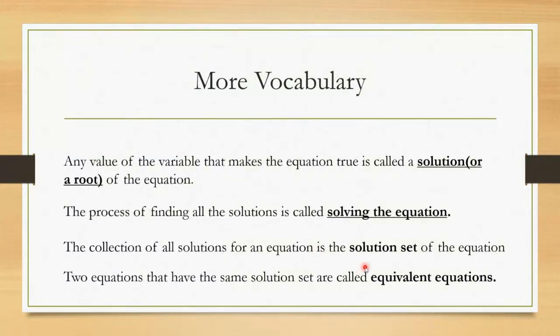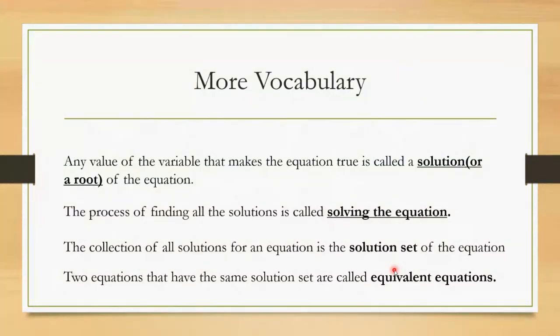Again, we said a set is just a collection of stuff. For us, usually it's going to be a collection of numbers. Well, the solution set is just a collection of all the solutions for that equation. It is possible it could be empty. That can happen. There is such a thing as the empty set.